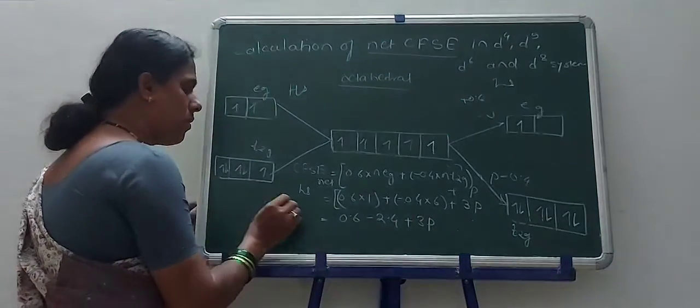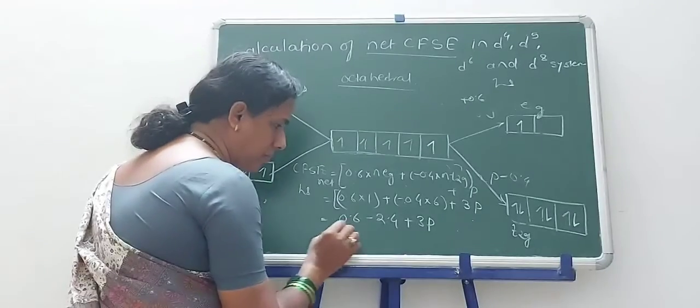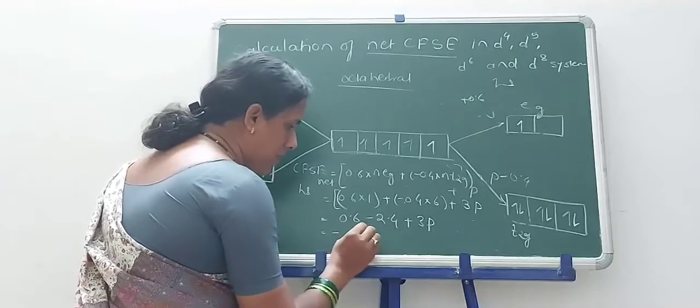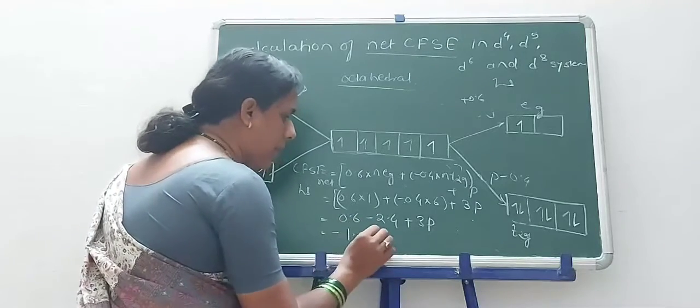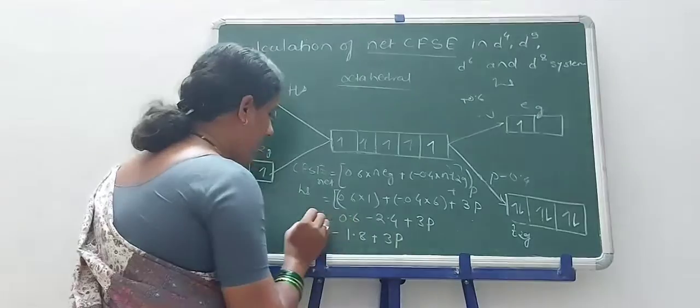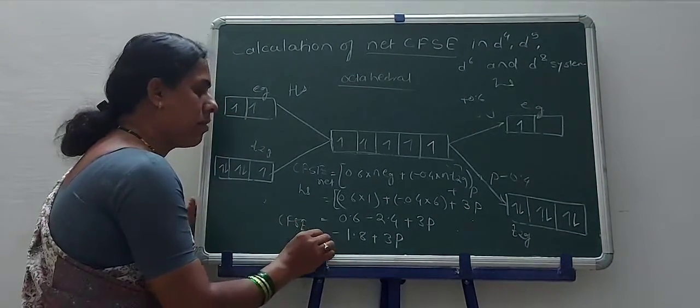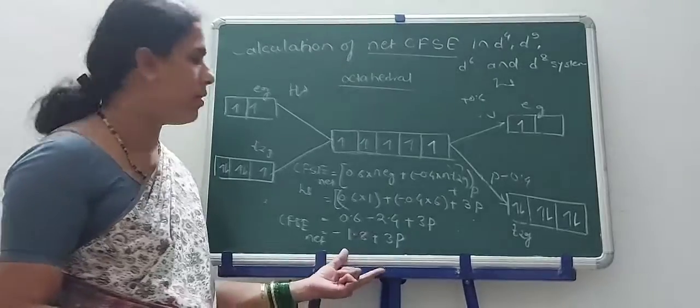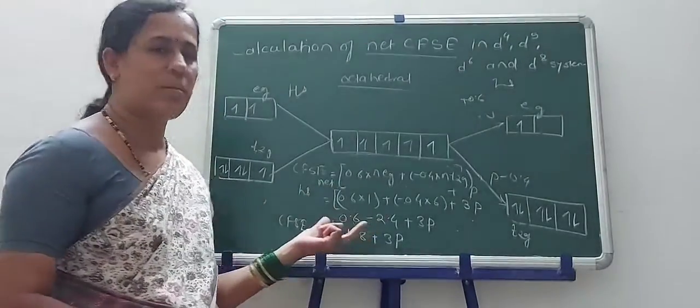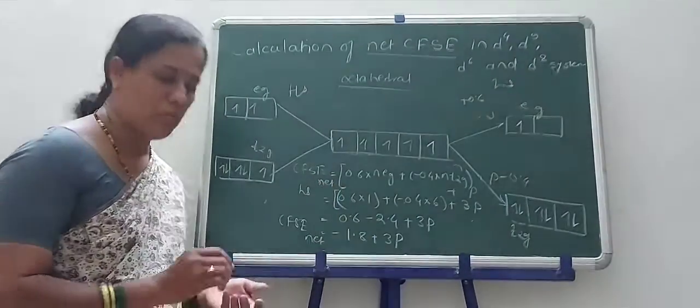Okay, 2.4, that is equal to minus 1.8 plus 3P, that is the CFSE net. Okay, thus we can calculate this crystal field stabilization energy, that is the net.